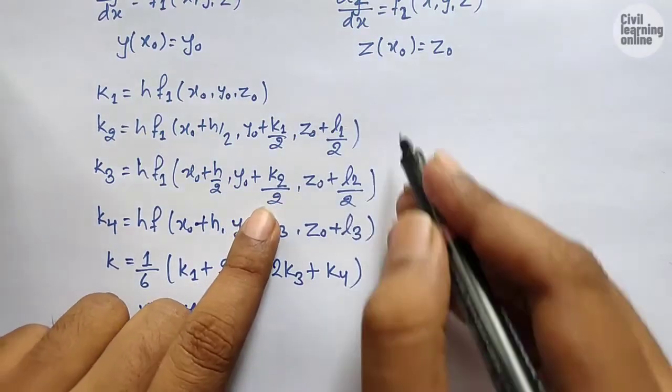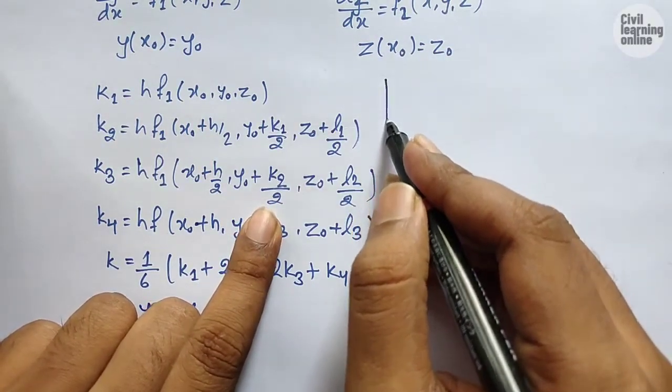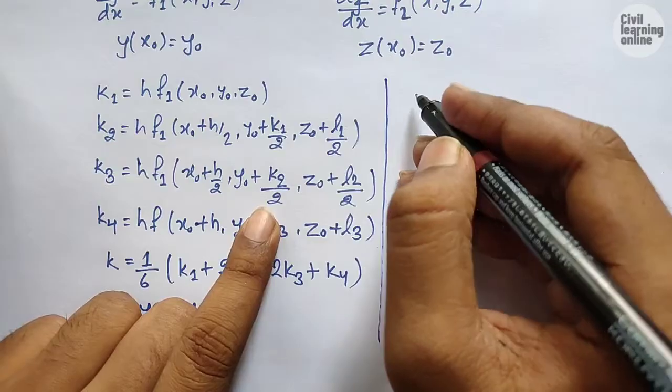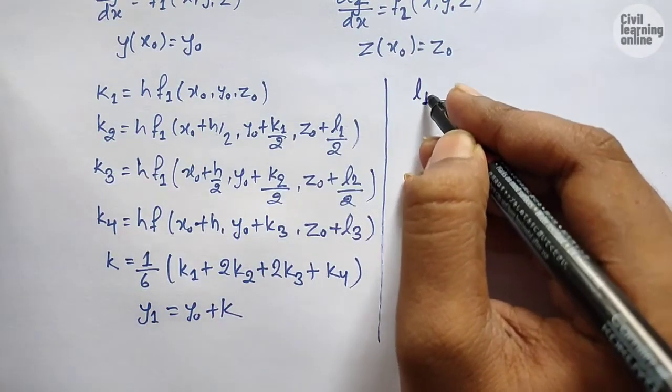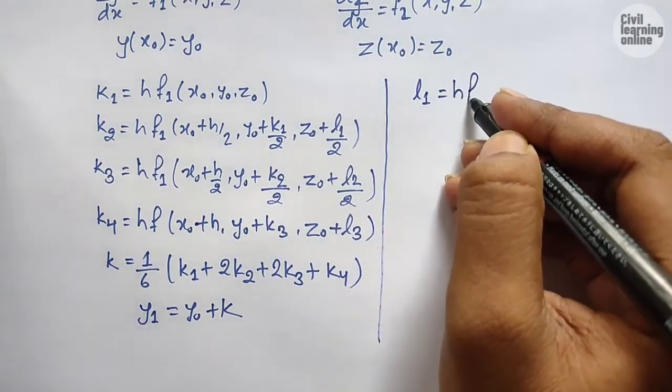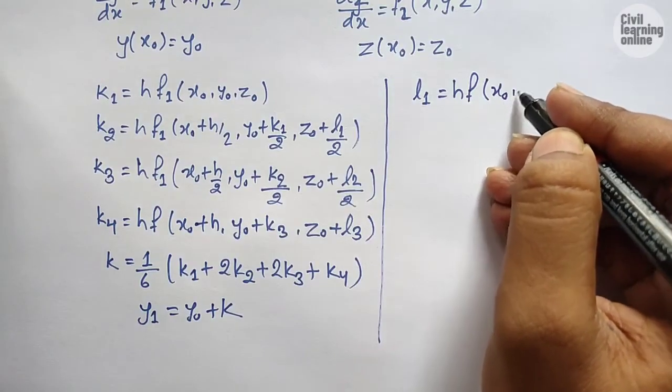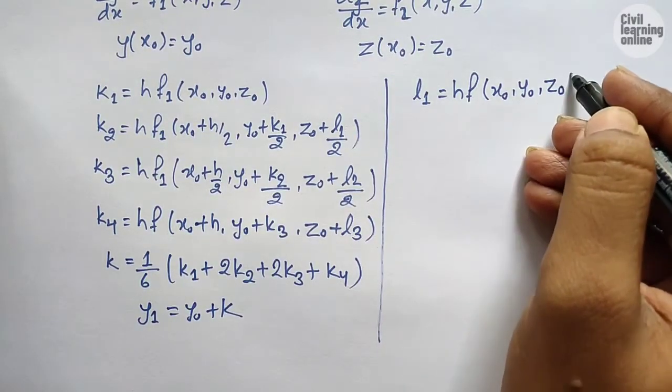And now for the other equation we have the formulas. l1 equals h f2 of (x naught, y naught, z naught).